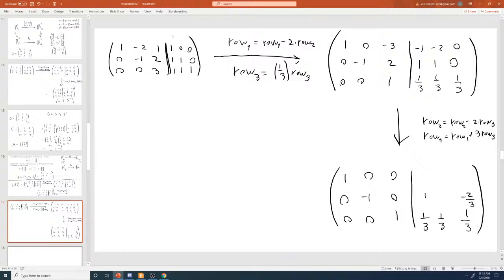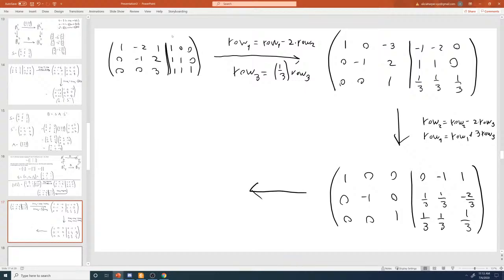I'm going to have a 1/3 here, a 1/3 here. And then I'm going to have a positive 1 here, a negative 1 here, and a 0 here.